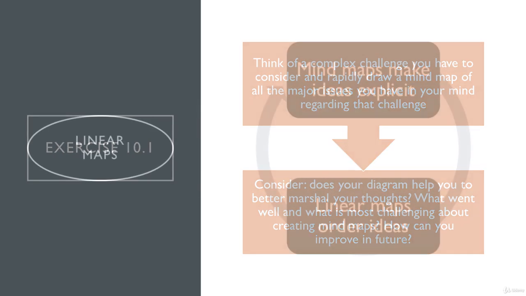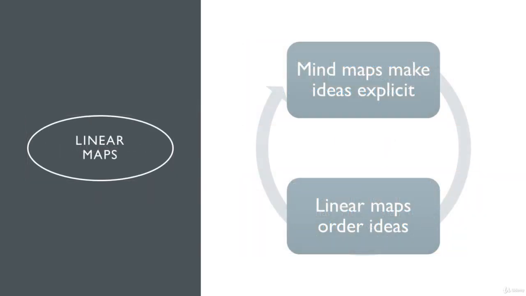So linear maps. Mind maps, of course, make ideas explicit. It's a graphical representation, a kind of tree of related concepts, if you like. But a linear map is more like an essay plan. It's an ordered consideration of ideas. So it takes the order of concepts and the way in which they should be presented into account.